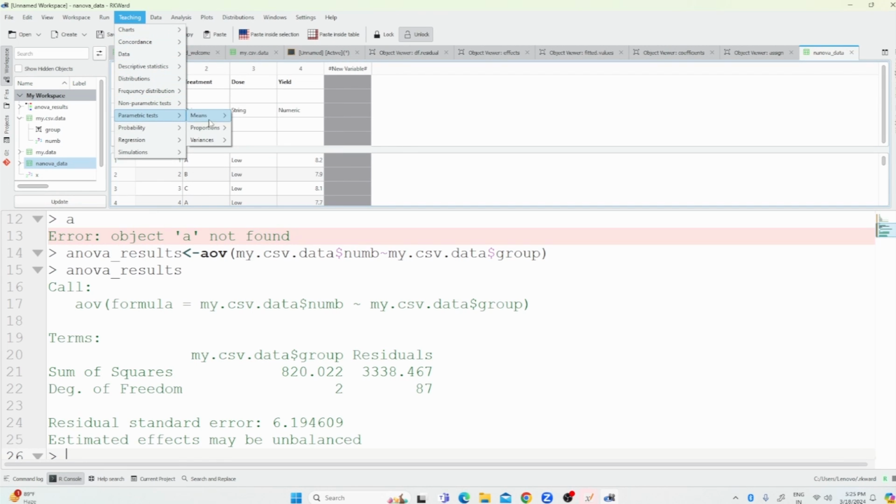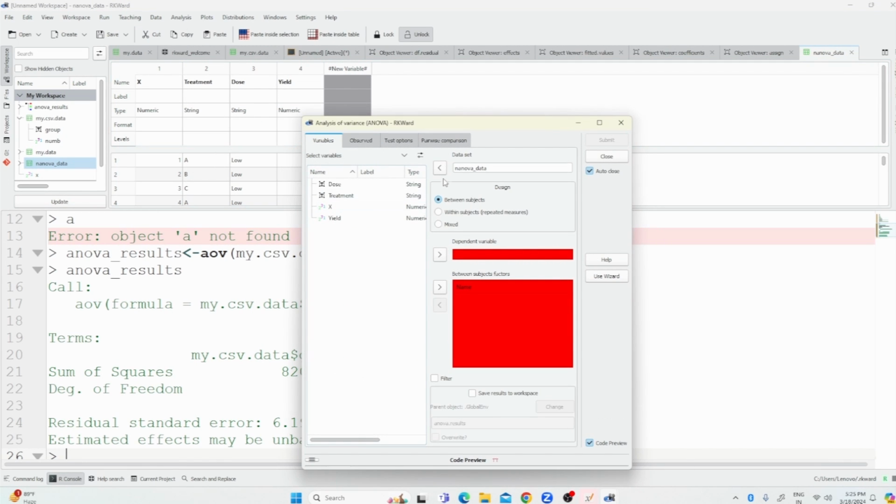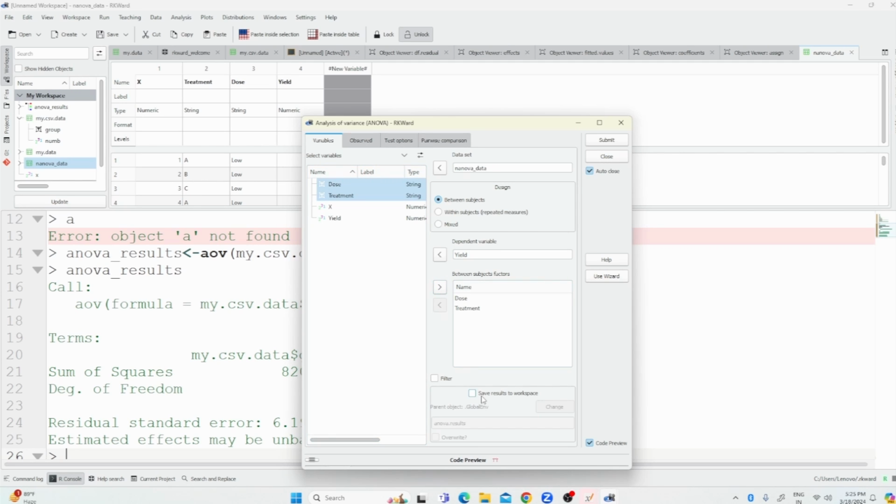Both of them should give yield. Okay. Yield is a dependent variable. So, we go for ANOVA, we select here ANOVA, our yield is the dependent variable and our treatment and dosage are the independent variables. Let us try this. I do not know why this is not working here.